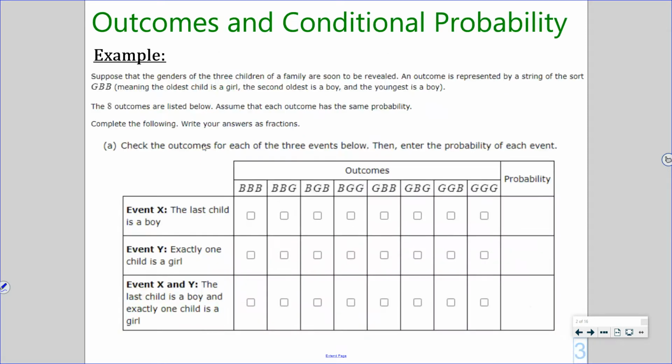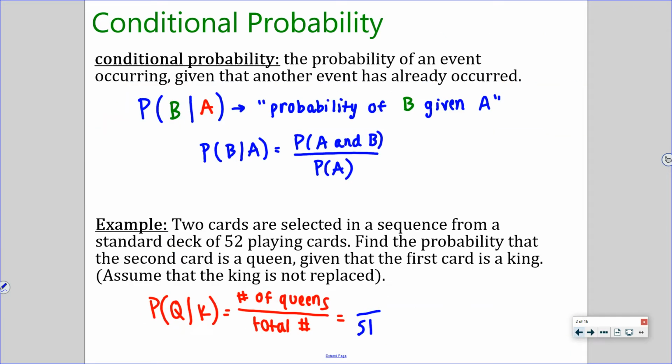Does that change how many queens are in the deck? No, it would have if the first card I drew was a queen. Then I'd have to factor in that condition. But because there are still 4 queens left, it's 4 out of 51, or as a decimal. Okay, so that's a pretty textbook classic example of conditional probability.